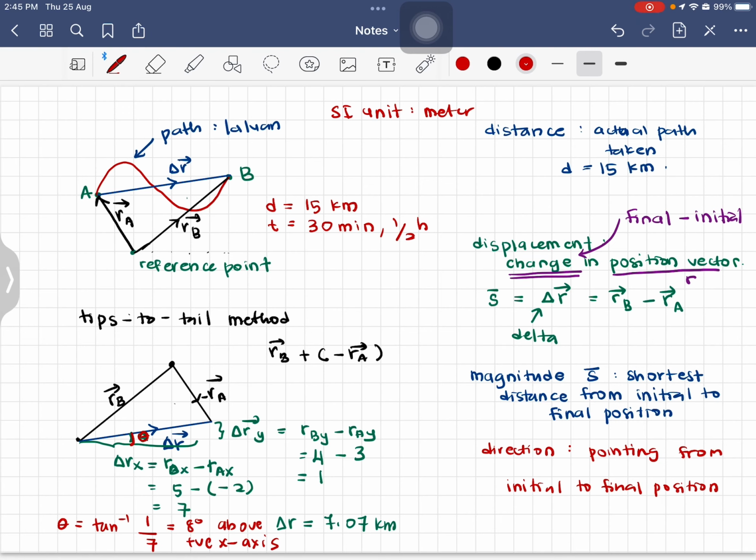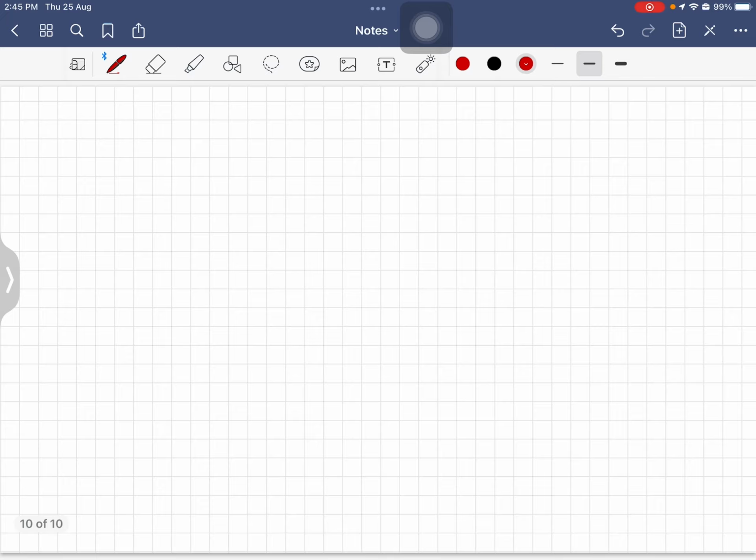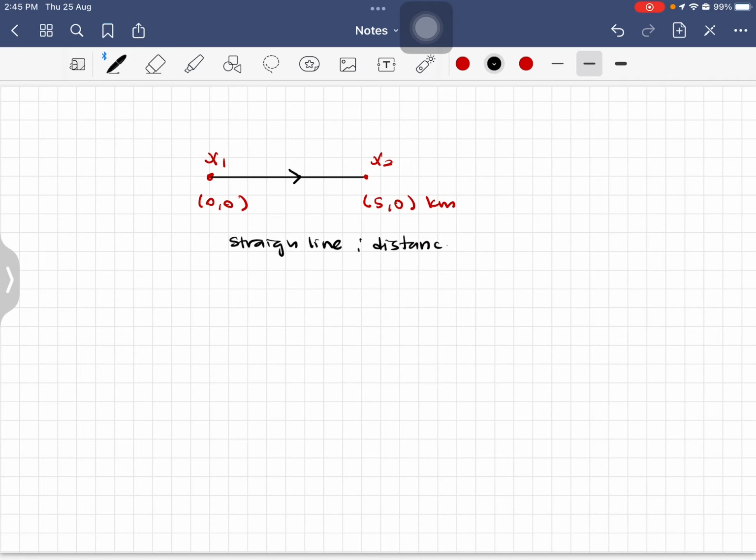Okay, let's say you are moving from point X1 to point X2, where X1 is at 0, 0. X2 is, let's say, 5 km, which means you are moving in a straight line. Okay, when you are moving in a straight line, your distance and displacement are the same.